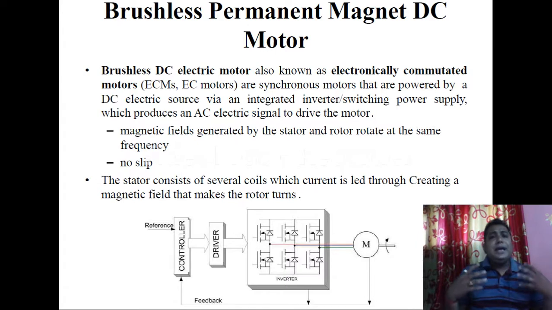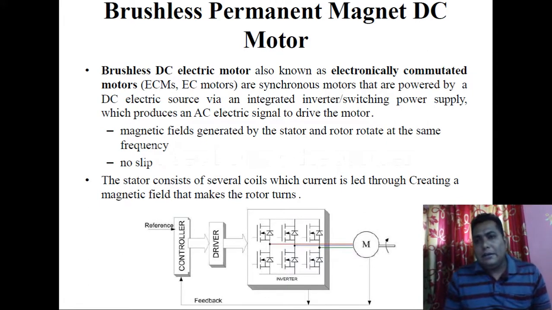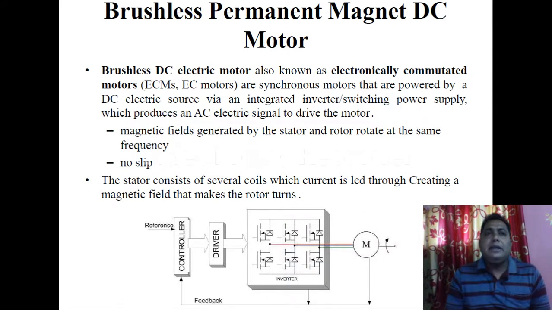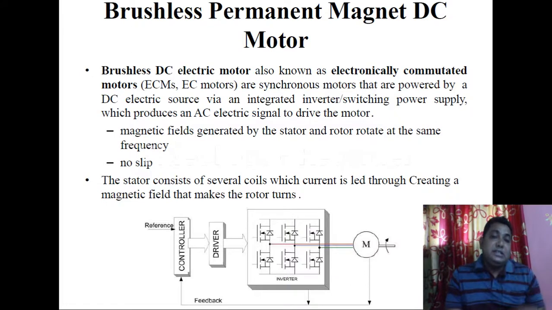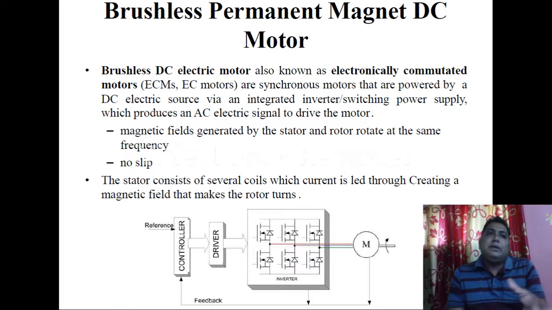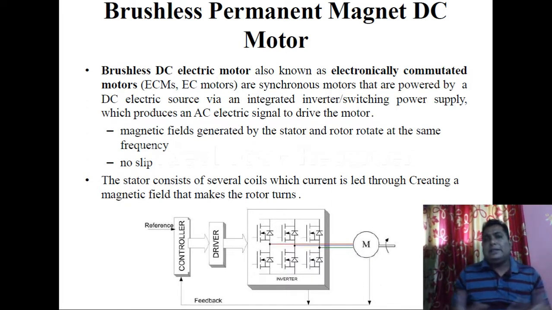That means we have a motor which has two parts, one is the stator, one is the rotor. Over the rotor we have some permanent magnet, and over the stator we have some winding that will be supplied by a DC source through some electronic circuit, which is not a rectifier, it is an inverter unit, which actually converts that DC source into an AC source.